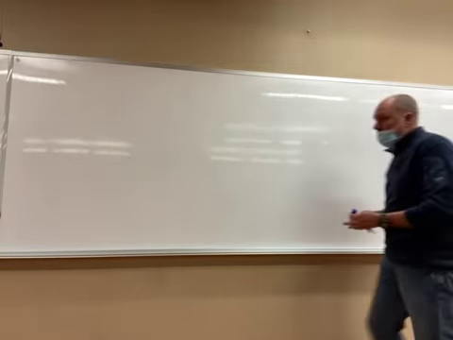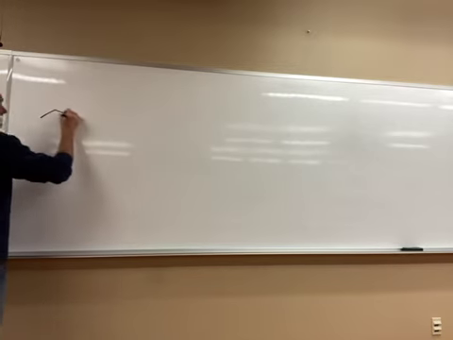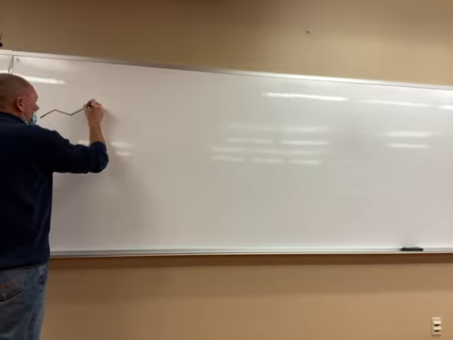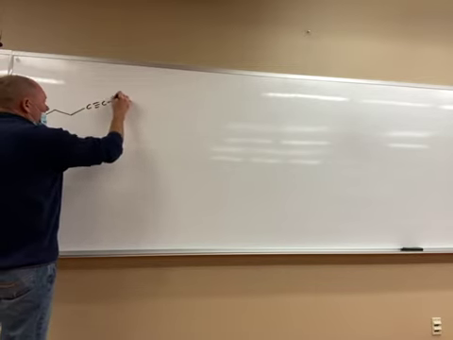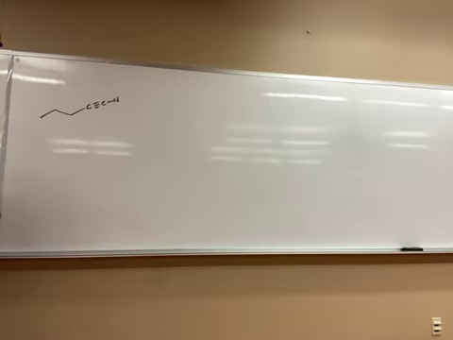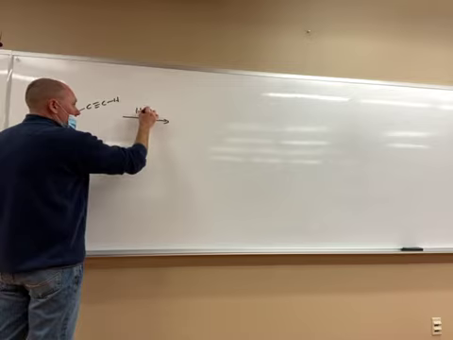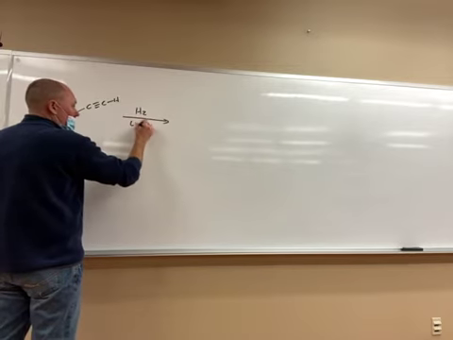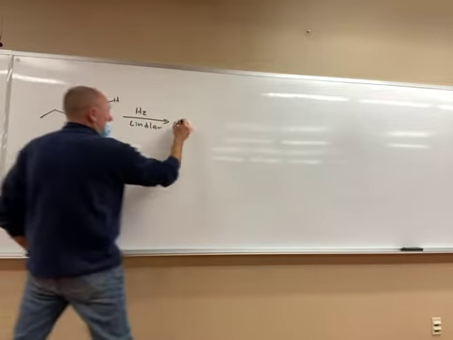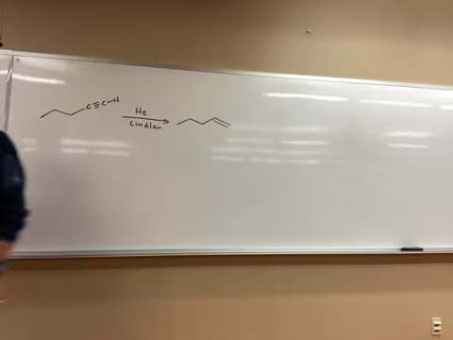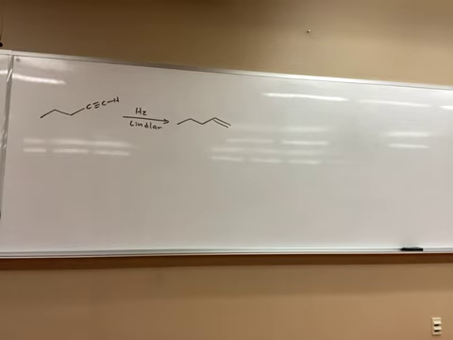Well, my synthesis would be something like this. I take my alkyne, my 5-carbon alkyne, and I reduce it. Now let me ask you a question. Why did I pick hydrogen and Lindlar?